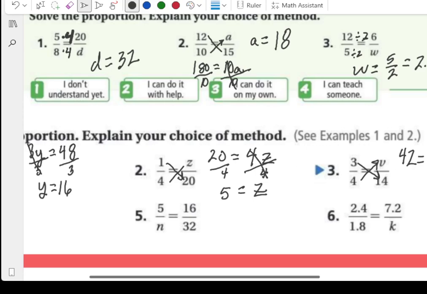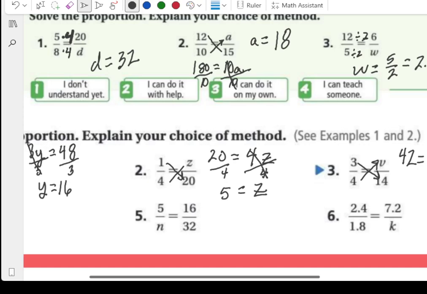All right, so Xavier, if I want to get the V all by itself here, what am I going to do? I want to get the V all alone. What did I do? I divided by 3 because that's the number that was in front of y.